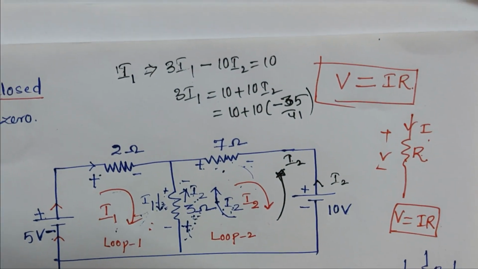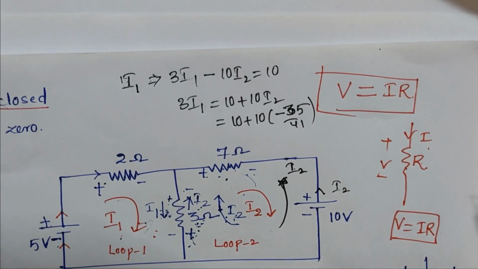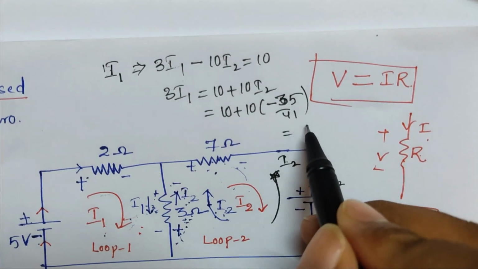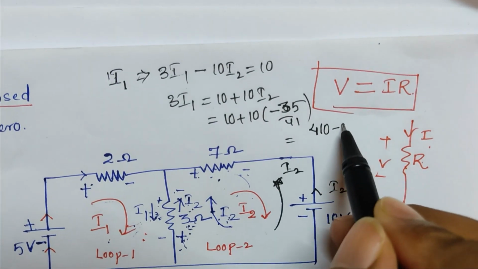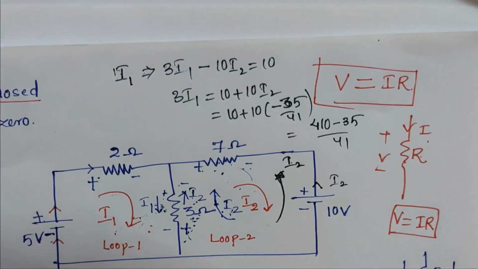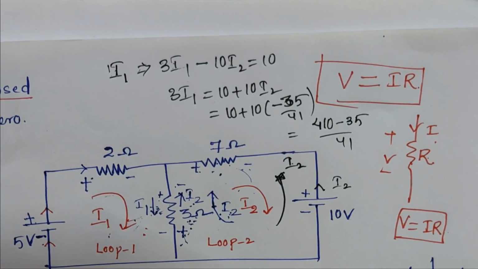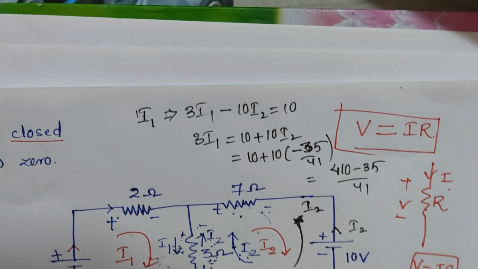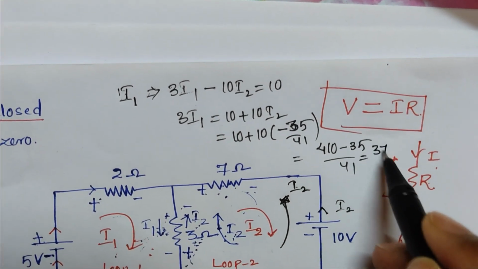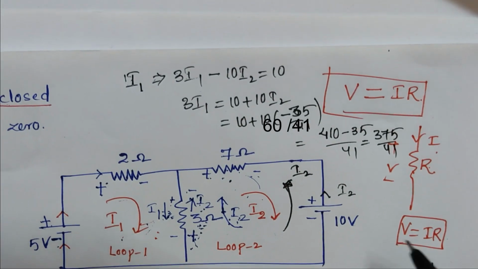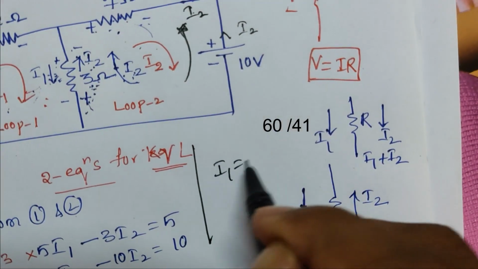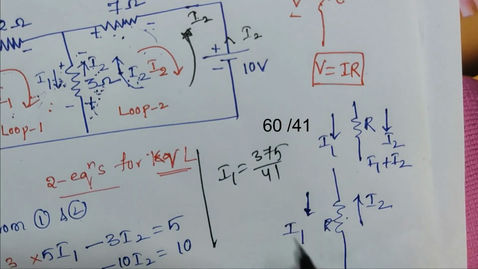So that will be 410 minus 350 by 41, which is around 375 by 41. So I1 is 375 by 41.